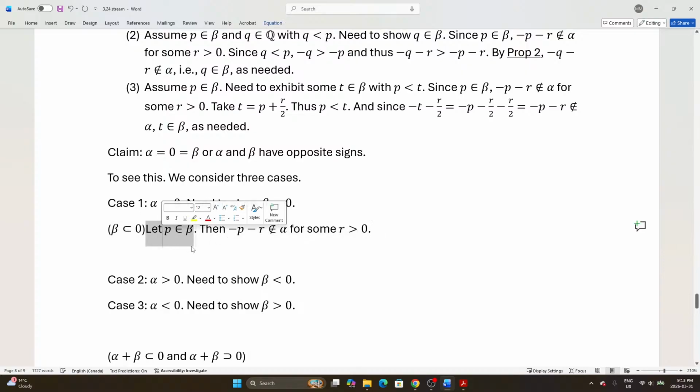That follows from the assumption P is in beta. Okay, I need to show P is in 0. I need to show P is in 0.